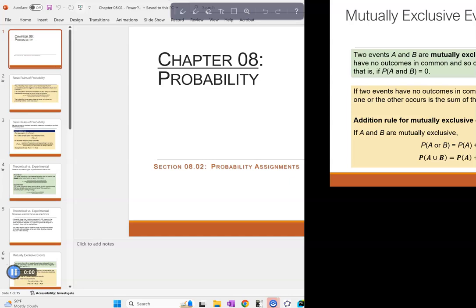Now, if you can have both, the calculation changes. Where would it be that you could have both? Drawing a card that's a face card and a heart, right? Because there's Jack, Queen, King of Hearts also. So that's an example of something that's not mutually exclusive, because there are things that are both hearts and face cards. Does that feel good? Okay.